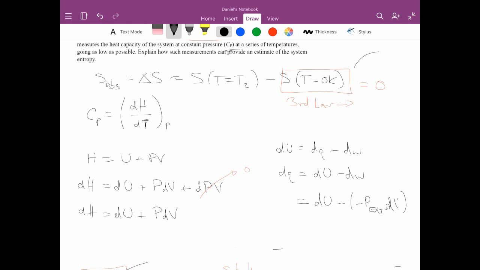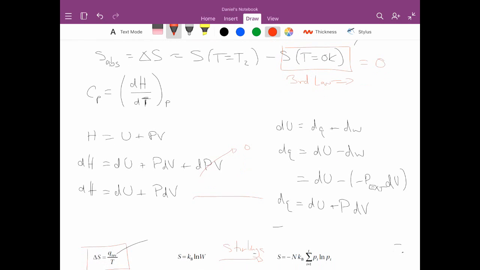So from this, we can see that dq generally equals dU plus P dV. And you could see that these are equivalent here, thus showing us that the change in enthalpy equals the change in heat under constant pressure conditions.